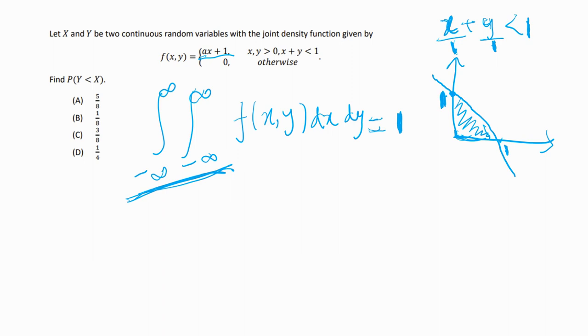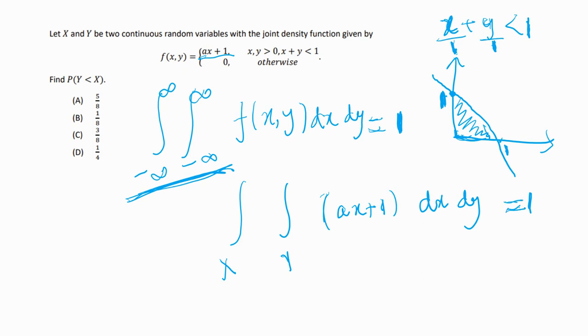So let's say I want the ranges of y here and ranges of x here. I will show you how we can do it by y and x and then x and y both. Then we have ax plus 1 here, f(x,y), and then dx dy. If we integrate it over the whole range given of x and y, it will be 1.